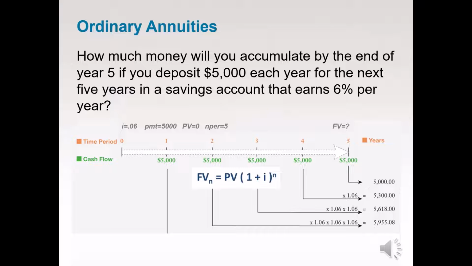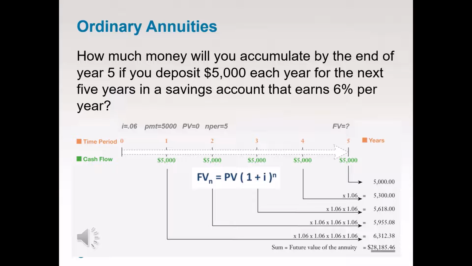Year 2's annuity of $5,000, that can be compounded as well for 3 years. And you'll see here that we've taken the 5,000 and multiplied it times 1.06 3 times for a total of $5,955. We have just one more period to go.